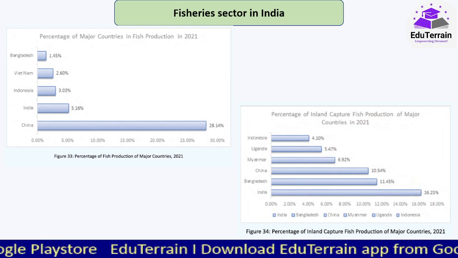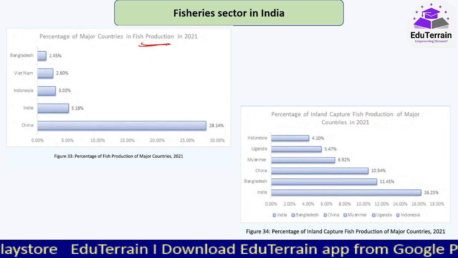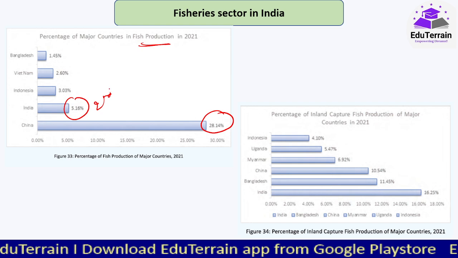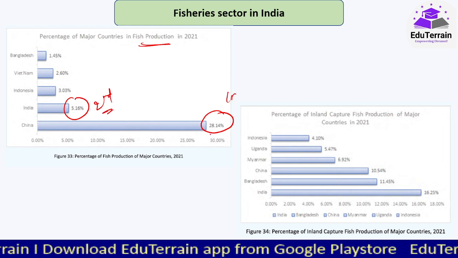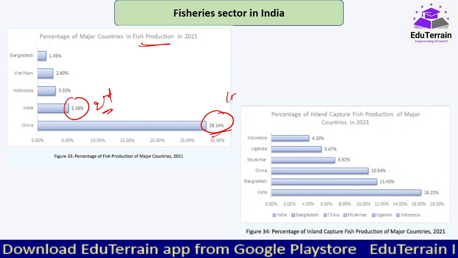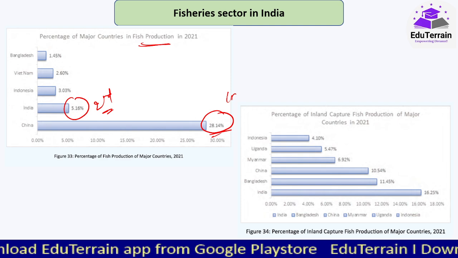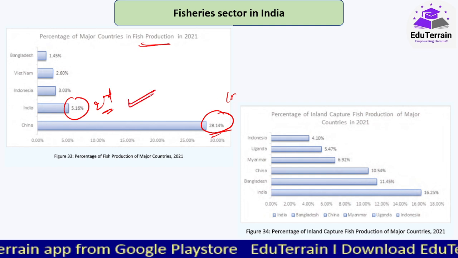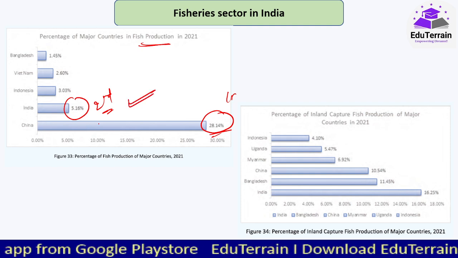And percentage of major countries in fish production, China सबसे highest है, after that it is India, second in line. First is China with 28.14% contribution to the world fish production, and India का 5.16% है.